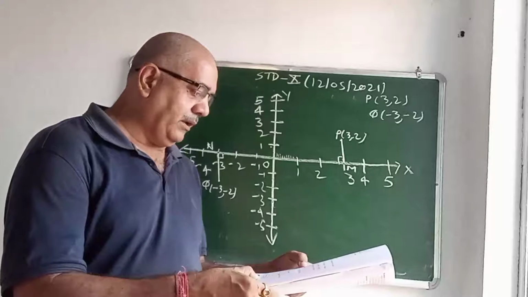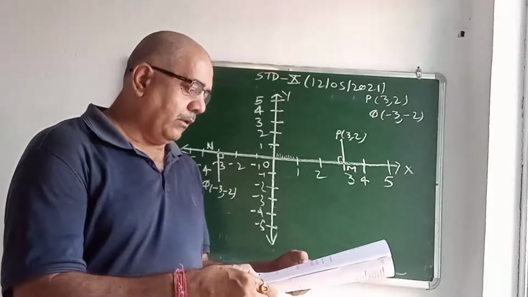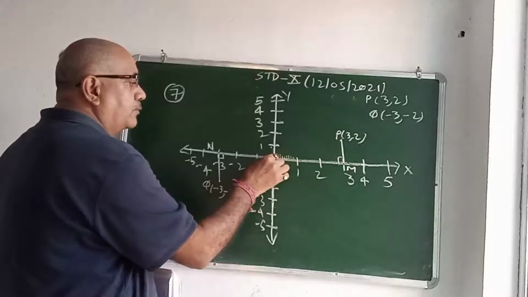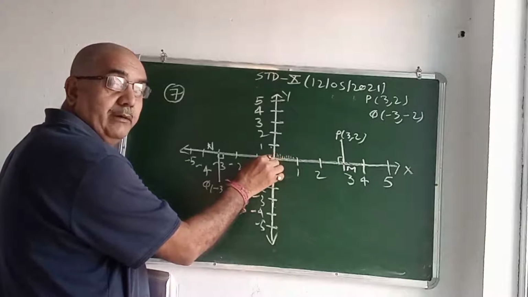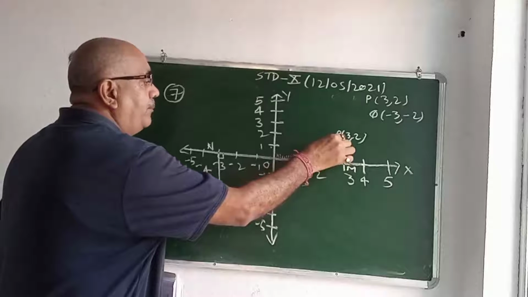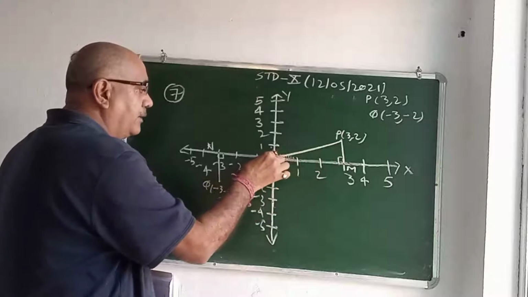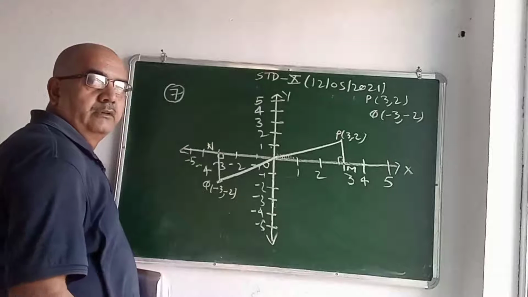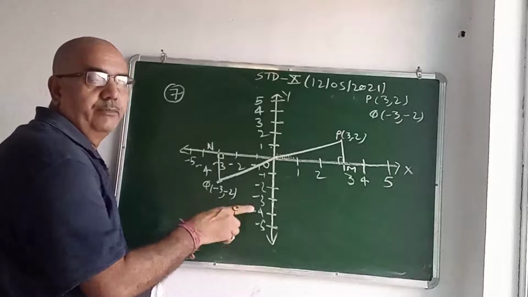Name the image of P on reflection through origin. P is reflected through origin, means origin will behave as a mirror here. So when we reflect through origin, this is the point Q. What is the coordinate? The coordinate is (-3, -2).